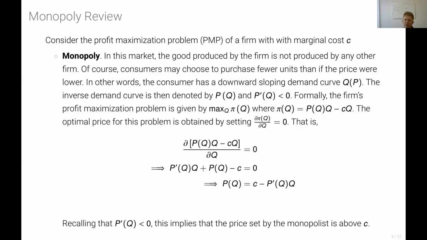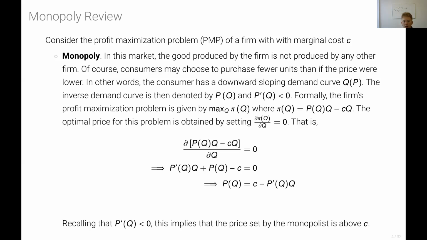Okay, so if the demand curve is Q of P, then if we invert that function, and I'll show you how to do that later, the inverse demand curve is just going to be denoted by P of Q, or price as a function of quantity. And we're going to assume that the derivative of the inverse demand curve with respect to Q is negative. Okay, so the firm's profit maximization problem looks very similar here.